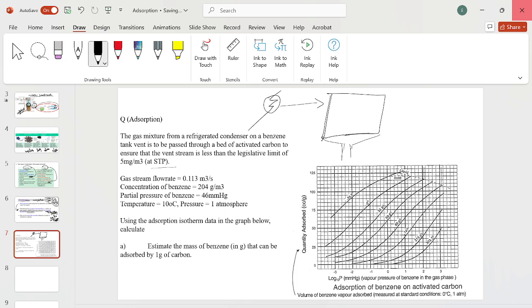And here it passes through activated carbon, we have activated carbon here as a medium. We are treating a gas and at the end we are getting treated gas. And we have a mixed gas here.